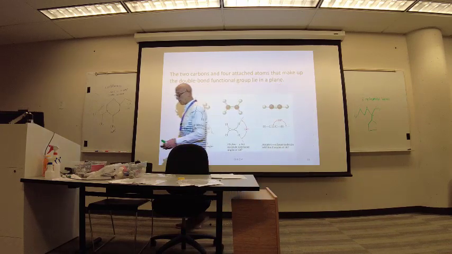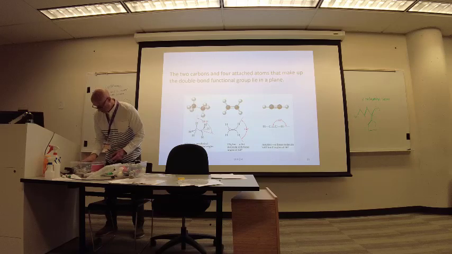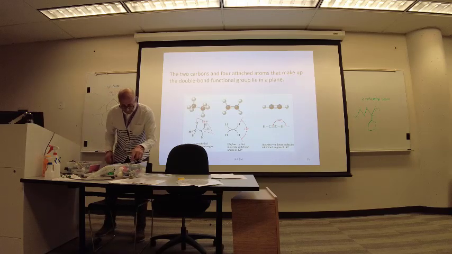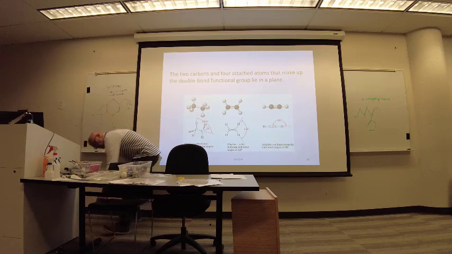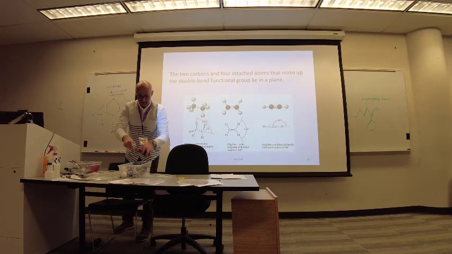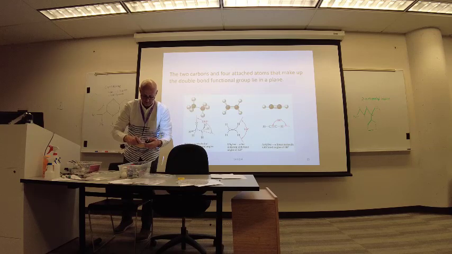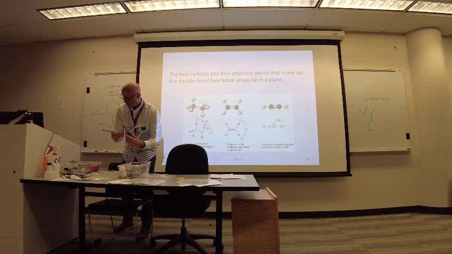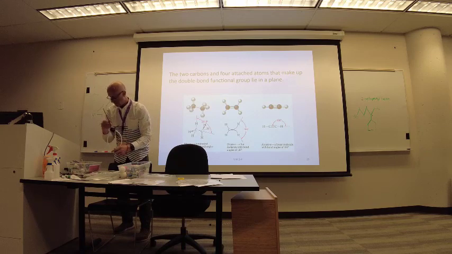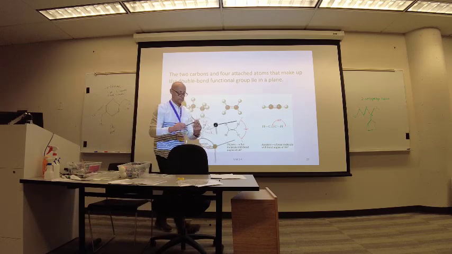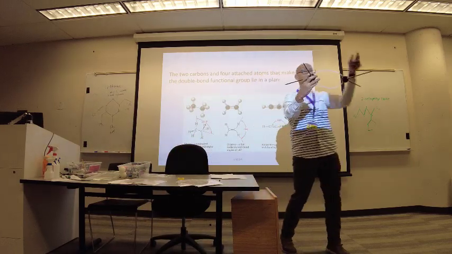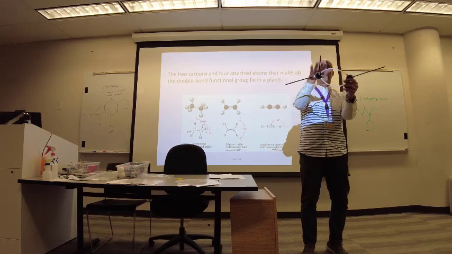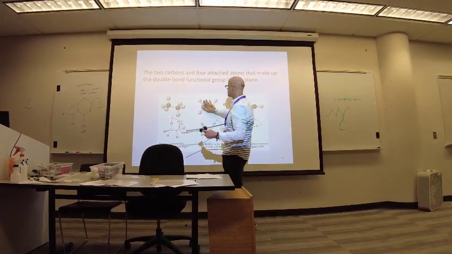If I make that double bond, and then I put the other groups on it, it flattens out. All these atoms are in the same plane. You see it? So it is as drawn.